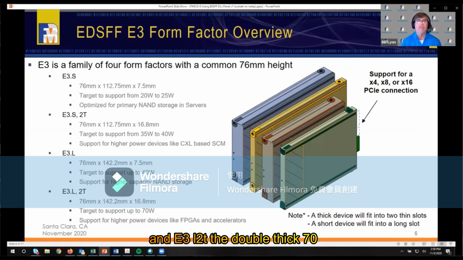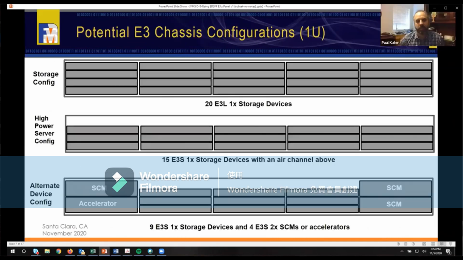And the E3.L2T, the double thick, 70 to 80 watts, somewhere in that range. And we may actually be able to go to higher power profiles than that, because we're looking at creating a new variant of the TA-1002 connector that has an additional power tab. And density that you need.